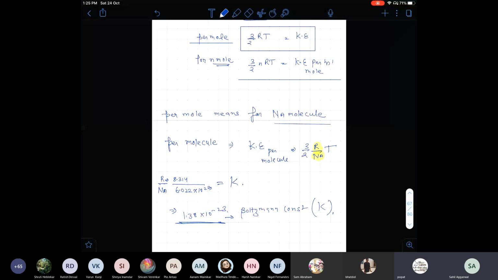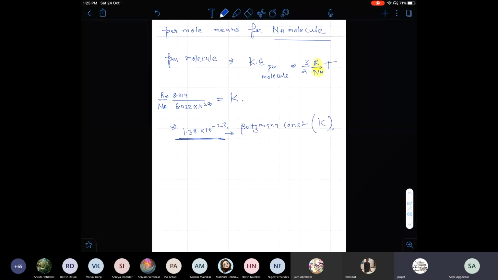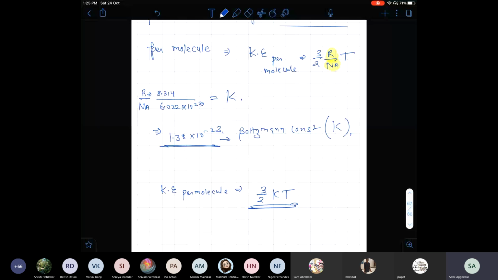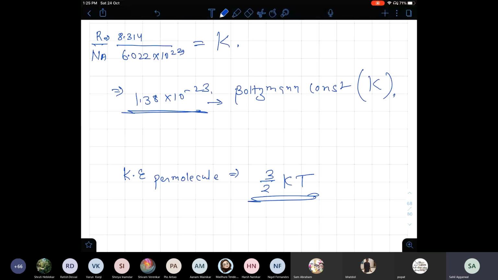Understood? So kinetic energy per molecule is 3 by 2 kT, where K is the Boltzmann constant.